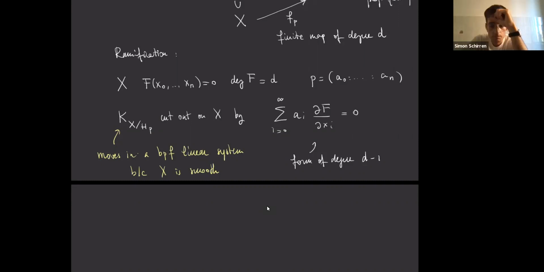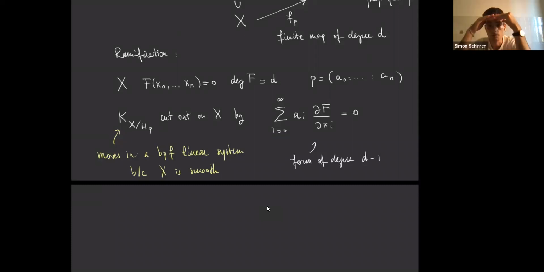So I need to look at the sheaf of relative differentials. I have all the differentials in all the variables, and then the differentials in all the variables minus one. So when I compute the sheaf of relative differentials, it's generated by dx0. And that's what is defining the ramification divisor. Sorry, this is on a projective space. Then I need to restrict to X, and this is where we pick up the partial derivatives of f.